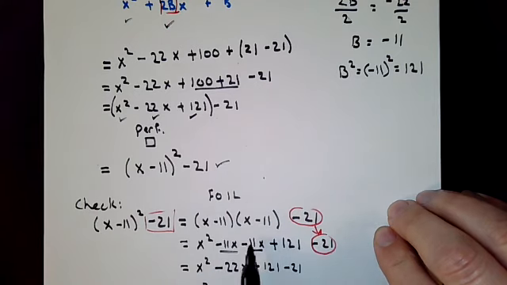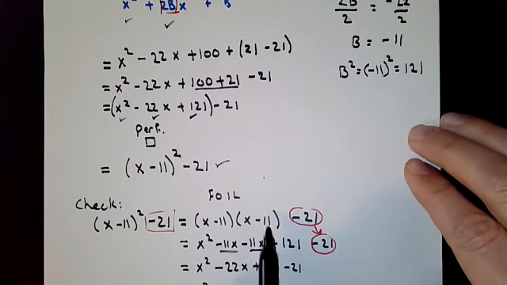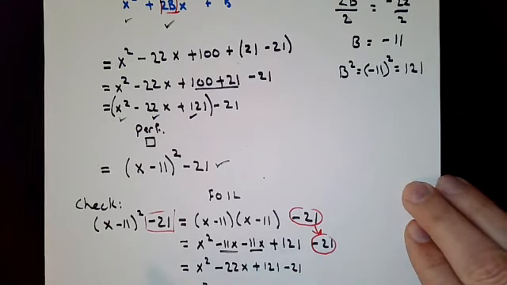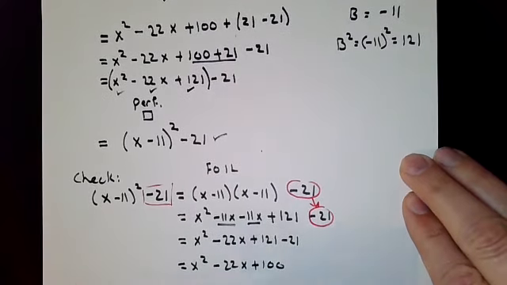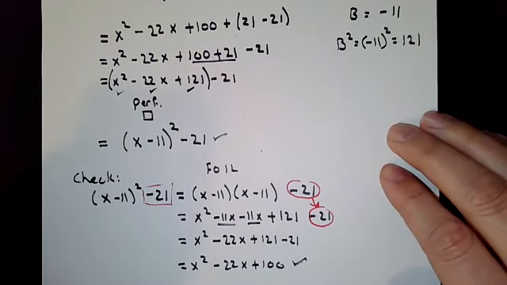The inners give you negative 11x again, the inners x and a negative 11. And then the last, negative 11 times negative 11, negative times negative is positive, 11 times 11 is 121. These two terms combine, negative 11x gives you twice as much, negative 22x. And then 121 minus 21 is 100. And so this is exactly what we had before. So it works.